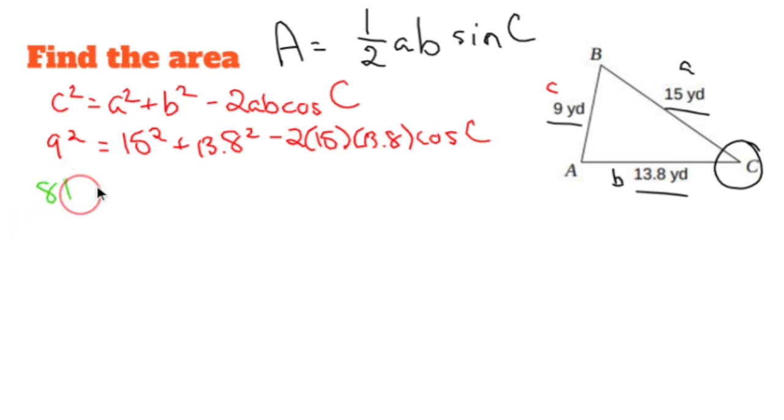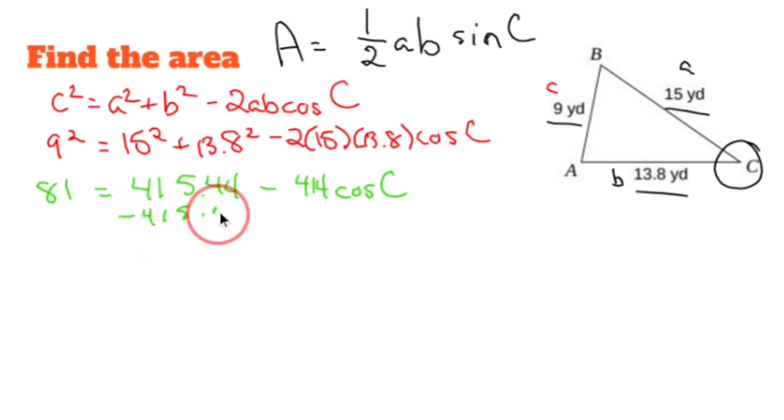You become 81. Let's do some calculator math. That guy becomes 415.44 minus, let's multiply these three numbers together, 414 cos C. All right, let's subtract both sides by 415.44. 415.44, cross you out. 81 minus 415.44 is, of course, negative 304.44.